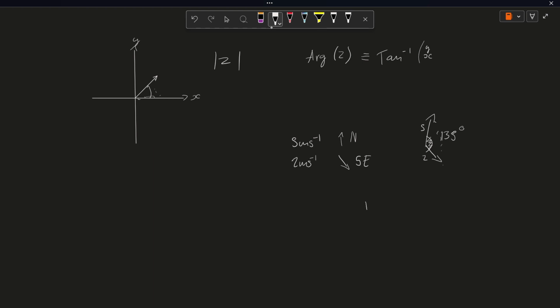So this would be 1 over 2. Nope, that's the wrong formula. 5 squared plus 2 squared, it's just 29. Take away 2bc, so that'd be 10 cos 135, which is just minus 2 root 2, I think. So that'd be 29 take 10 cos 135, which gave me 29 plus, or minus, just plus in this case, 5 root 2.